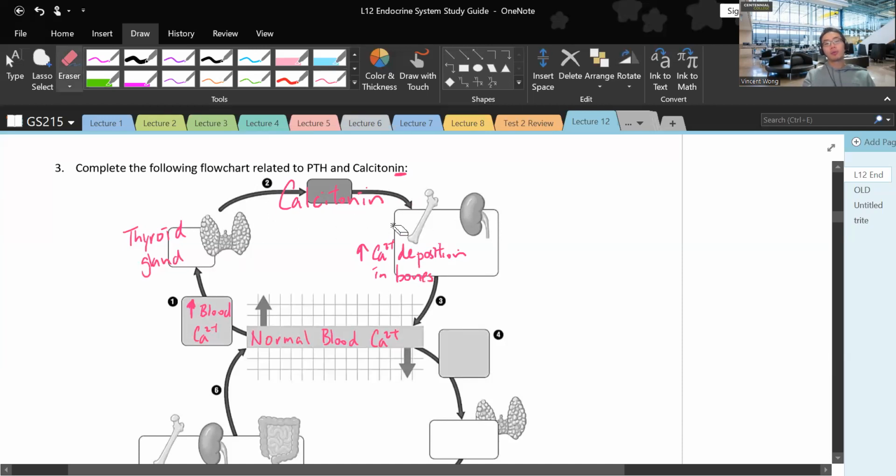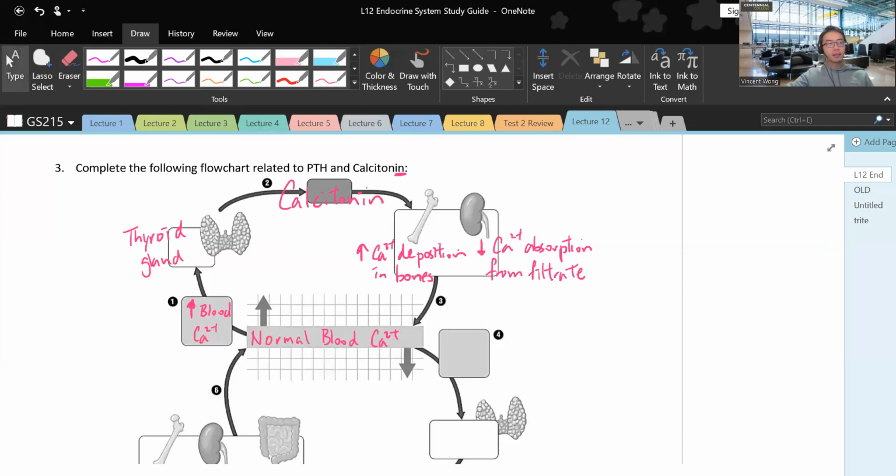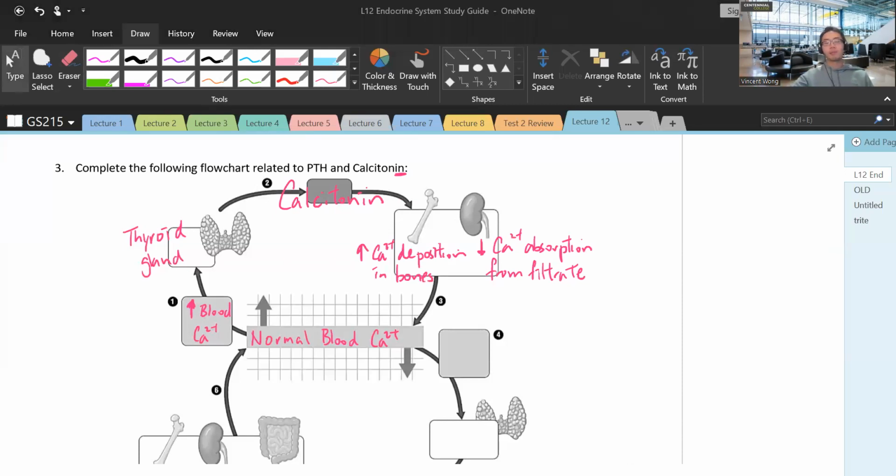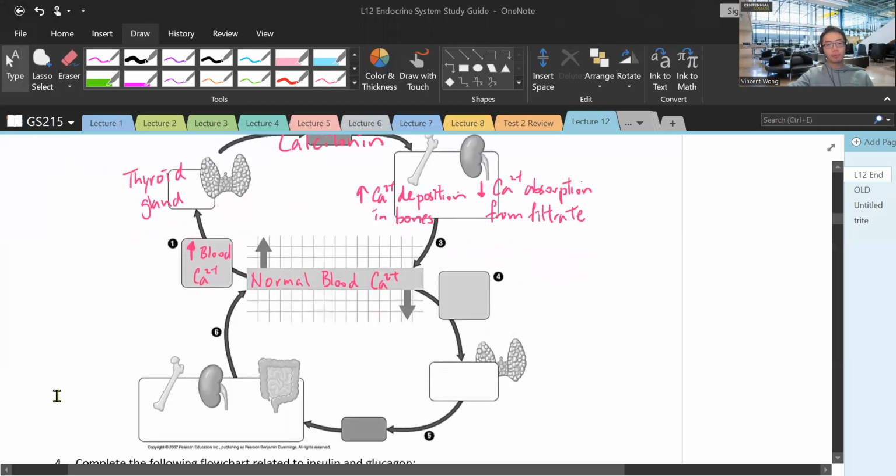So the calcitonin will increase that action, and we will tell the kidney to decrease calcium absorption from the filtrate. We don't need to take it back. Just let it stay in the filtrate, and then the body will excrete it, pee it out. So together, these actions will bring the blood calcium level back down.